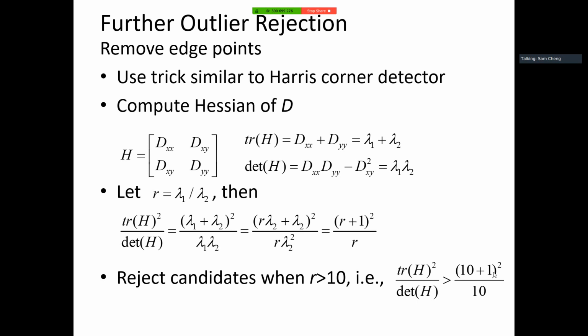I don't remember exactly what threshold they consider, but you can adjust it, depending on what level you want to reject as edges.